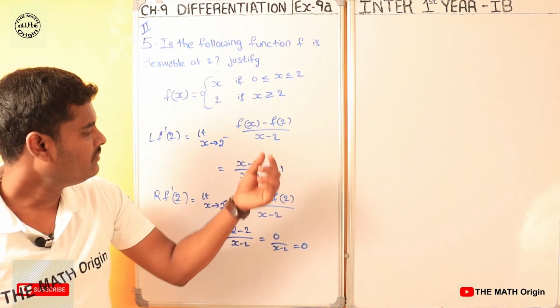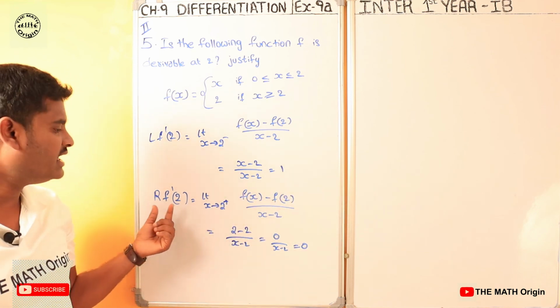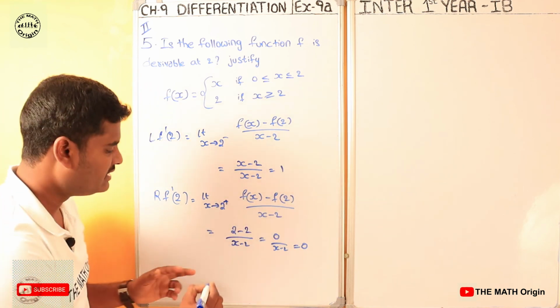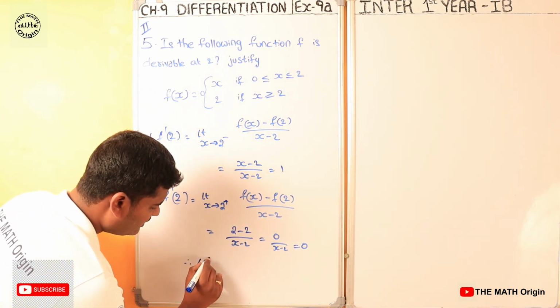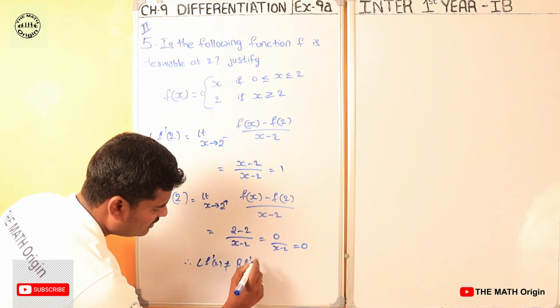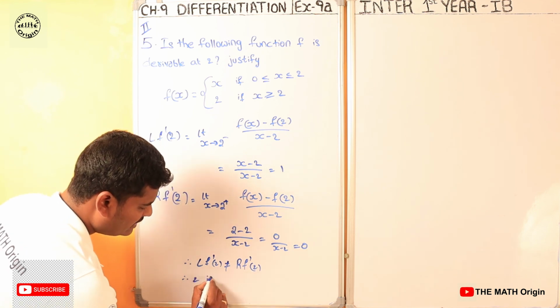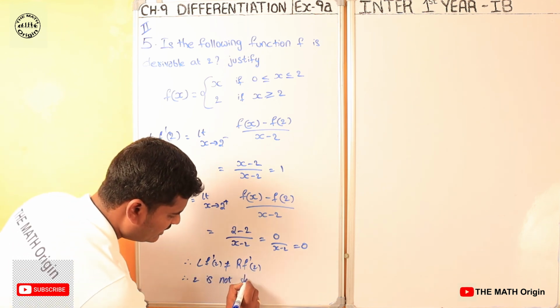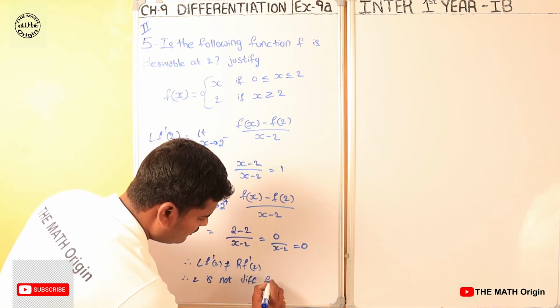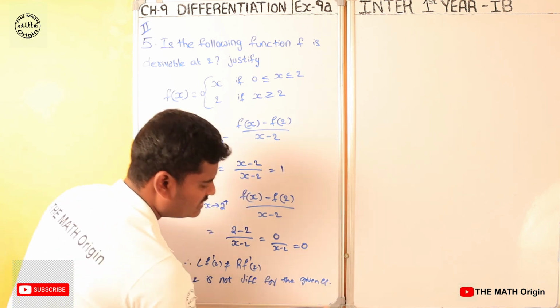Therefore the left hand derivative is 1 and the right hand derivative is 0, so the left hand derivative is not equal to the right hand derivative at 2. Therefore 2 is not differentiable for the given function.